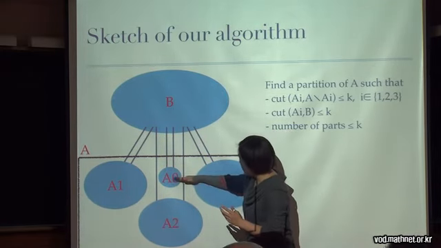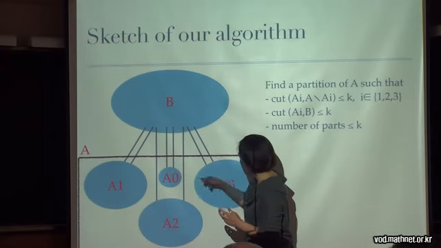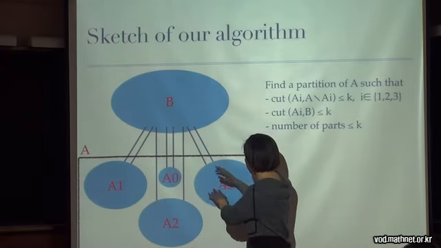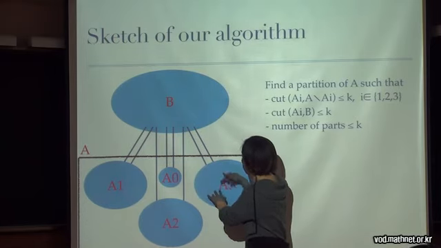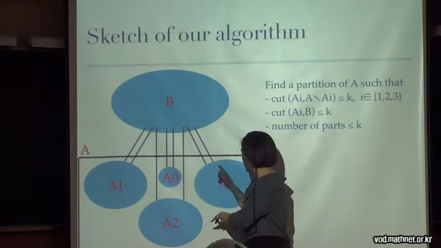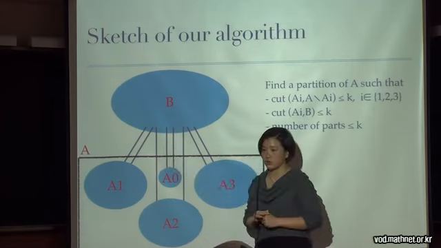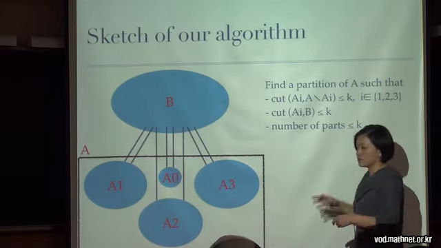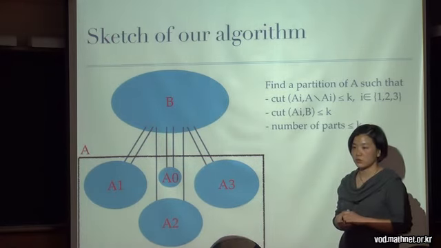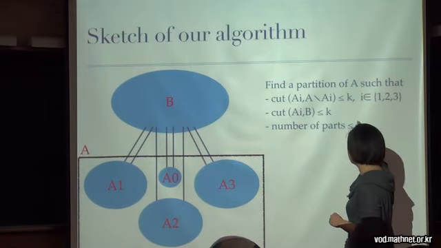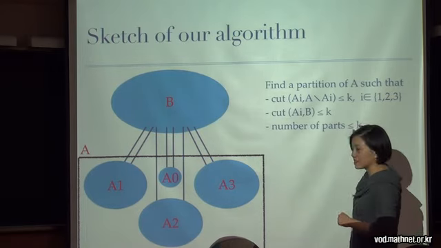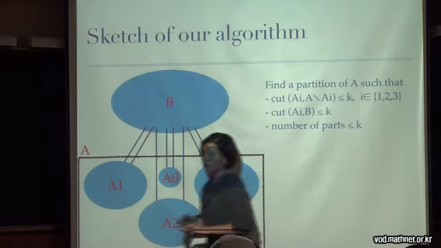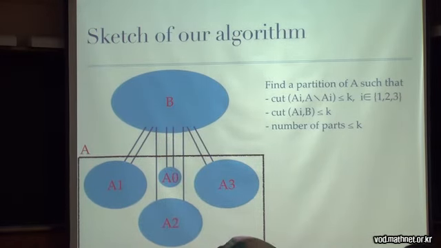If you have the cut between A3 and the rest at most k, and the cut size between A3 and B at most k, then between A3 and the rest is at most 2k, right? And this number of parts is to ensure that the torso size is at most k. You can imagine that it shouldn't be exactly k, but something like k minus the size of A0 and so on. But you have to worry about the cut size too.